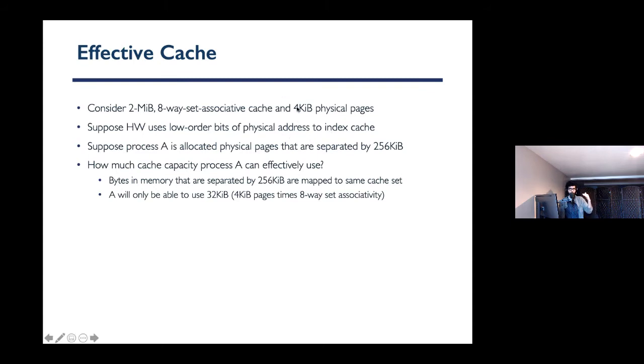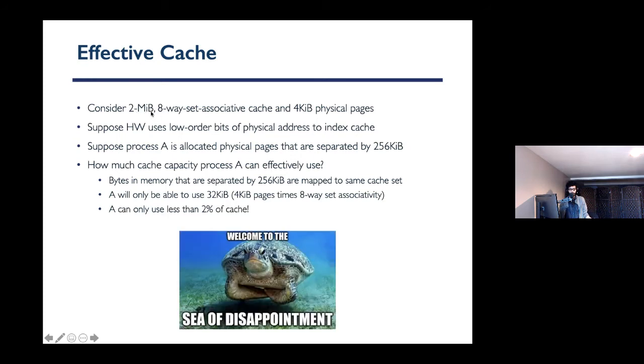So when I have 8 ways, that means 32 kilobyte is all that I have in each set, and that's all this process can use. So this process is limited to one set and can only use 32 kilobyte of the 2 megabyte cache. That's basically only 2% of the cache. Because of the way I allocated memory to this process, it ended up being able to use only 2% of the cache.